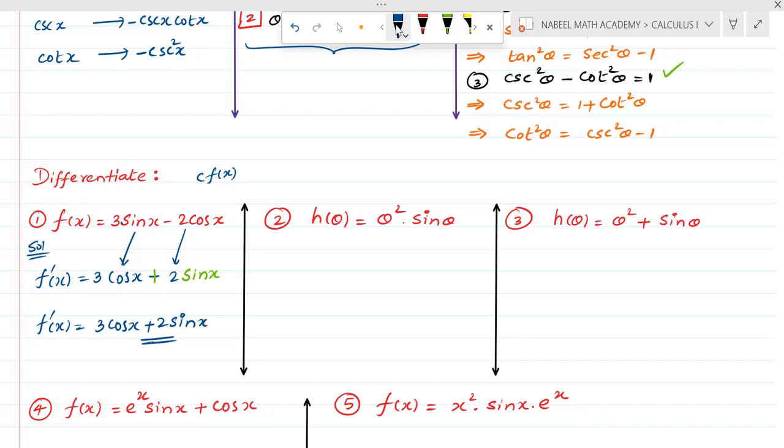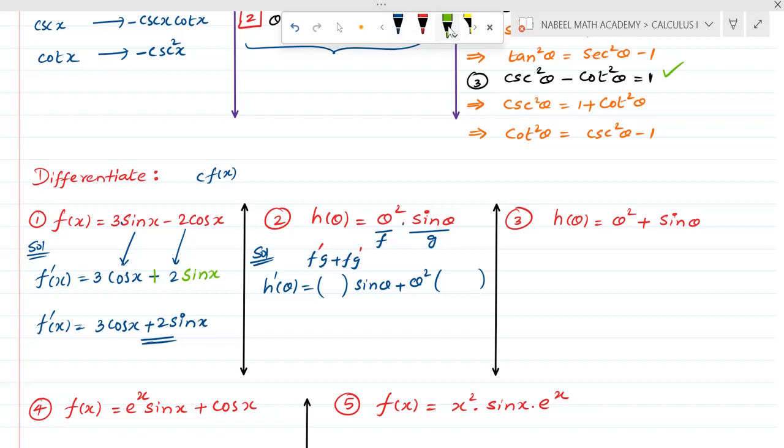That's it. The next one here, we will have the product rule. We have to use the product rule because it is f into g. H prime of theta is given by the rule f prime g plus f g prime. Now I have to differentiate this part and this is fixed, plus theta square is fixed and you have to differentiate the g.